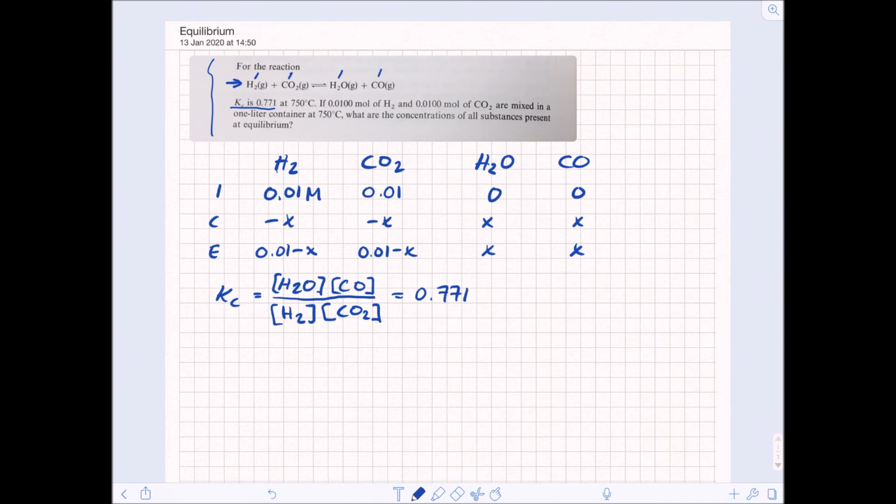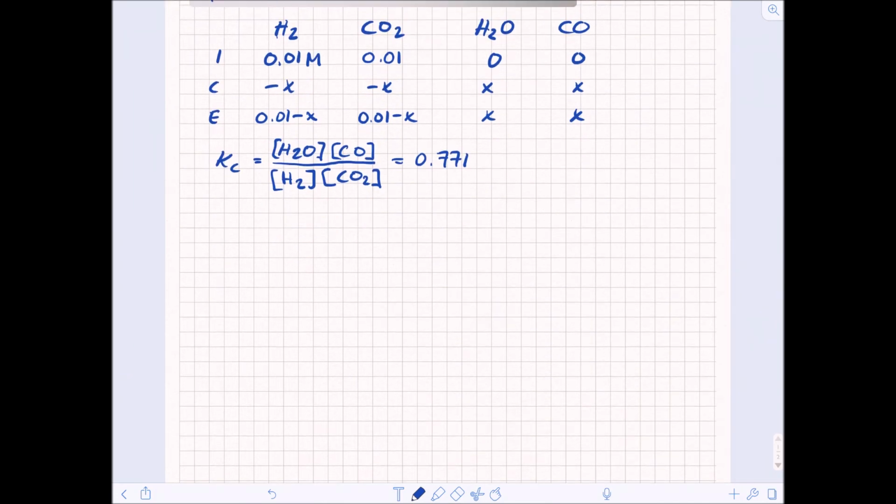And then it becomes a matter of, at equilibrium, putting in the expressions that we derived in the ice table. So if we substitute in this expression, we will have x multiplied by x. This is water and carbon monoxide.